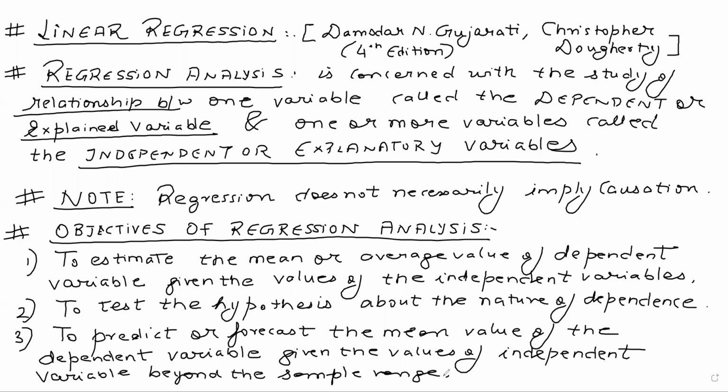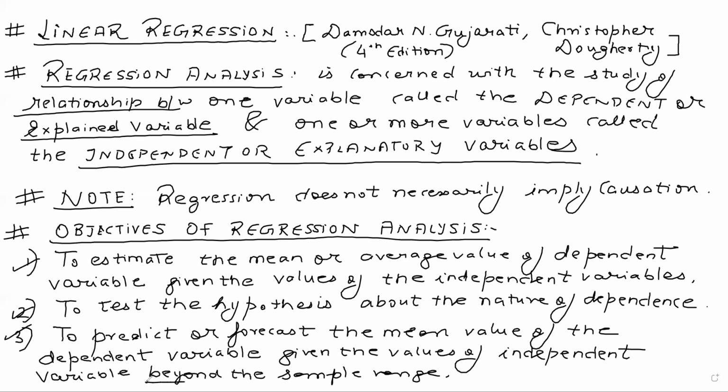So I hope students have understood the reasons for studying regression. We would want to estimate the mean or the average value of the dependent variable given values of a few independent variables. We would want to test the hypothesis as to what extent the dependent variable is dependent on the independent variable. We would also want to extrapolate, or forecast, what would be the mean value of the dependent variable in the coming time periods, given the value of the independent variable.